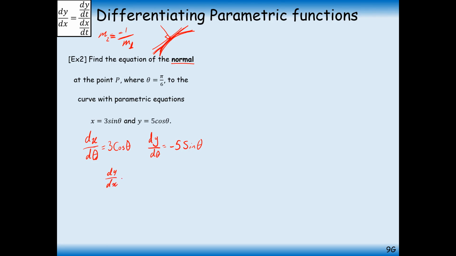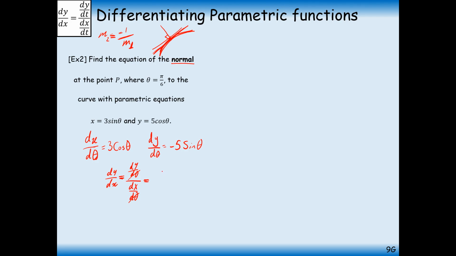We have to divide dy by d theta by dx by d theta, so that the thetas algebraically cancel away, but not literally. We'll still have the derivative function written in terms of theta.